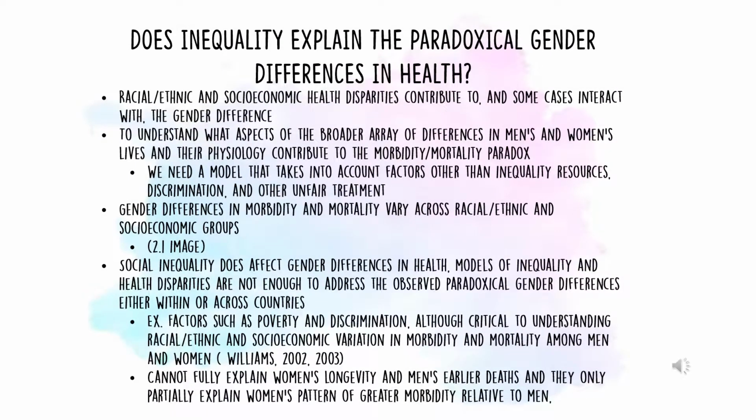Does inequality explain the paradoxical gender differences in health? Racial, ethnic, and socioeconomic health disparities contribute to, and in some cases interact with, the gender difference. To understand what aspects of the broader array of differences in men's and women's lives and their physiology contribute to the morbidity and mortality paradox, we need a model that takes into account factors other than inequality, resources, discrimination, and other unfair treatment.